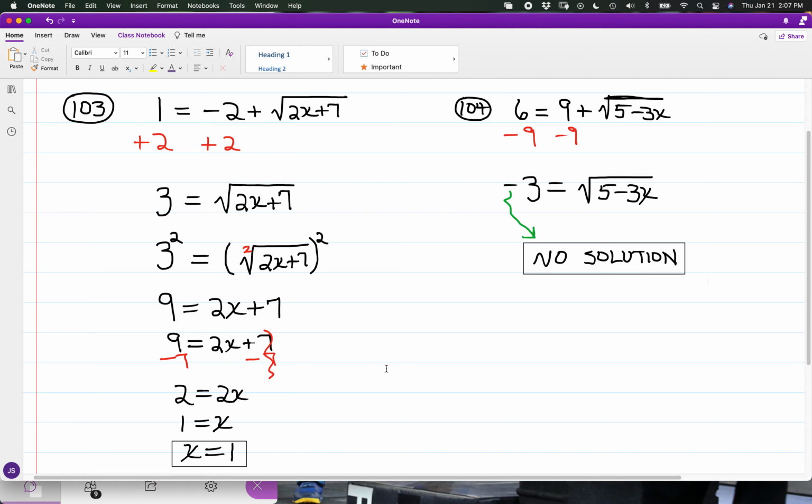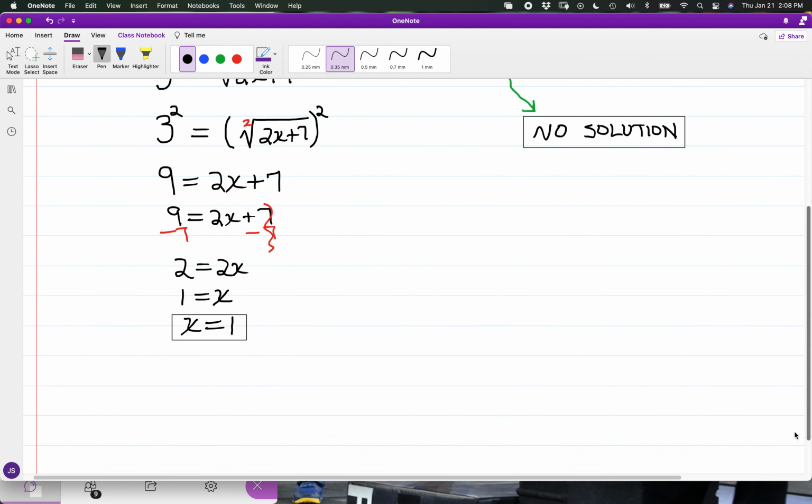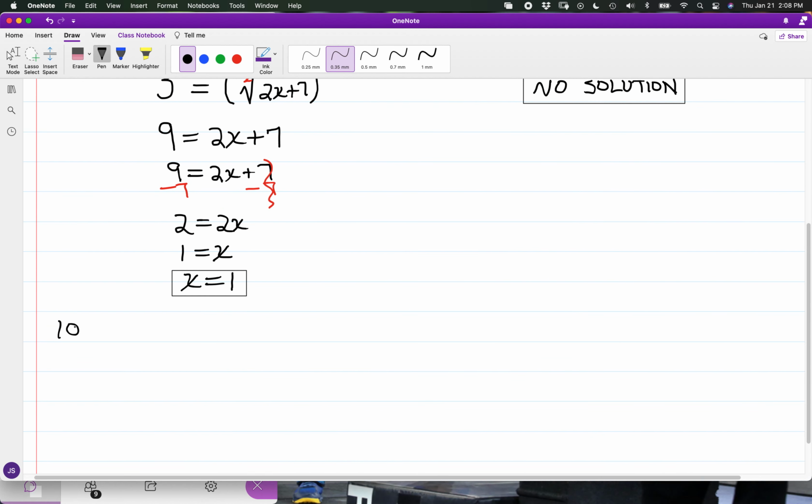Here we're transitioning from solving for x to solving for m. For 105, we have the square root of m plus 18 plus 2 is equal to m.